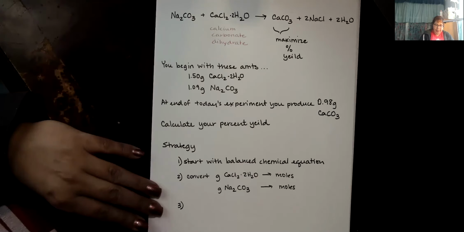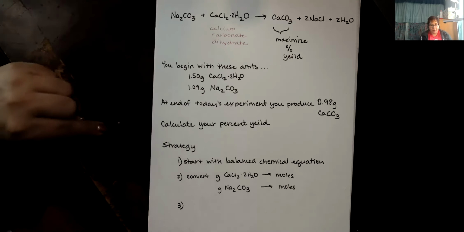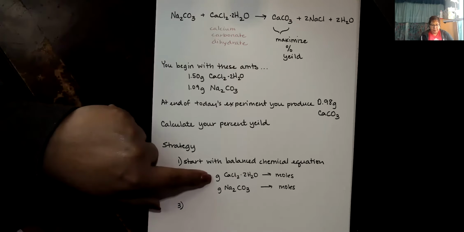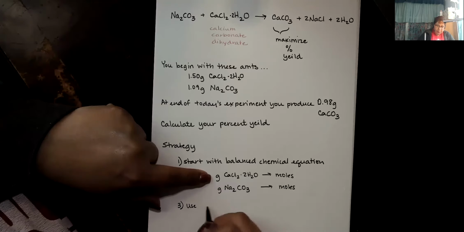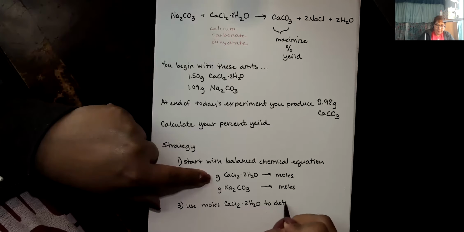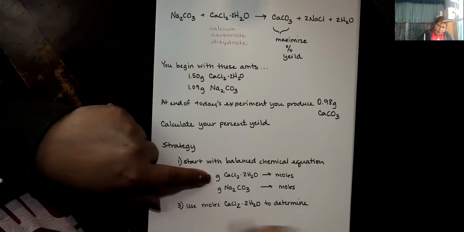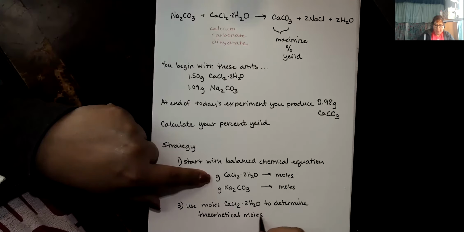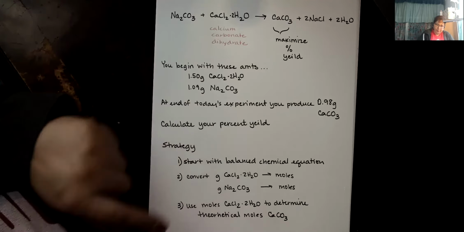Then the next thing I'm going to have to do is I'm going to have to solve, use moles of calcium chloride dihydrate to determine what we call the theoretical moles of calcium carbonate.